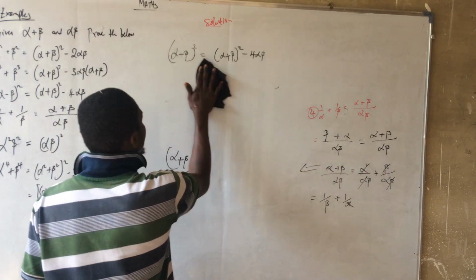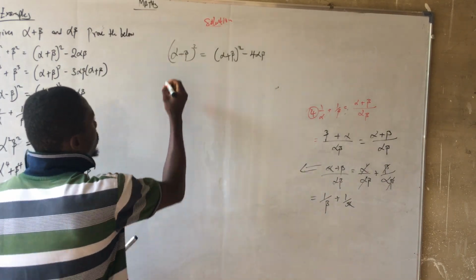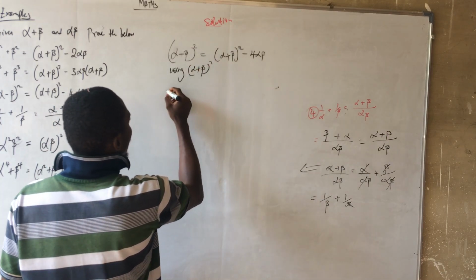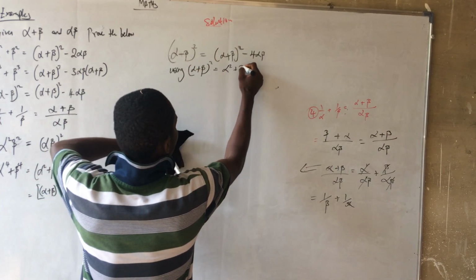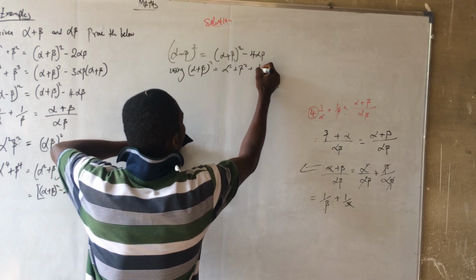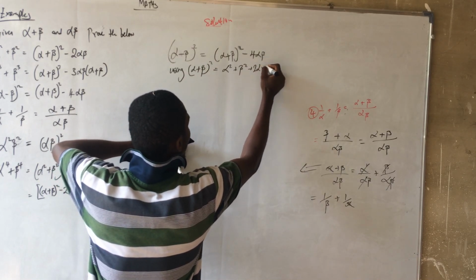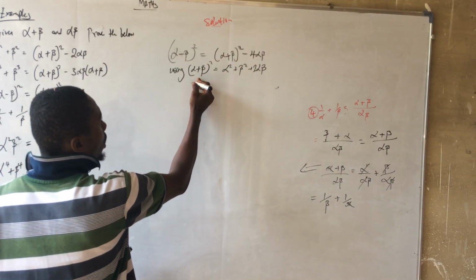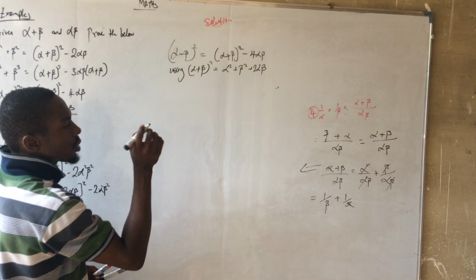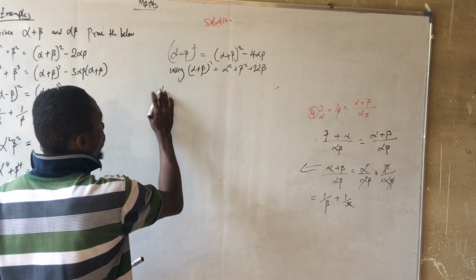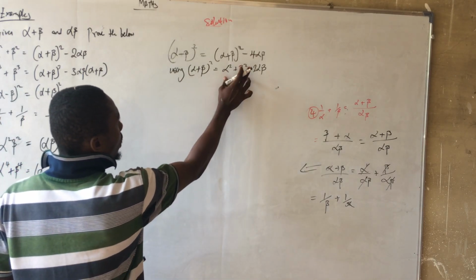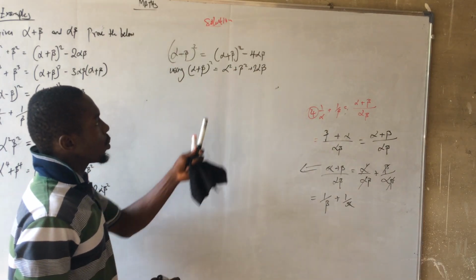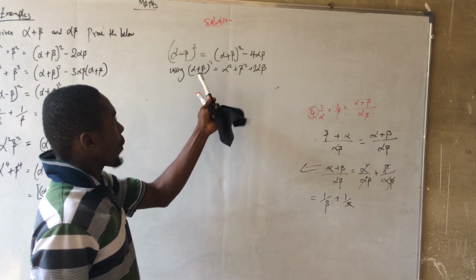So I will now say, using alpha plus beta all squared, that it is equal to alpha squared plus beta squared plus 2 alpha beta. Since this is equal to this, I would like you to remember that if you use this here again, you are going to return back to this.